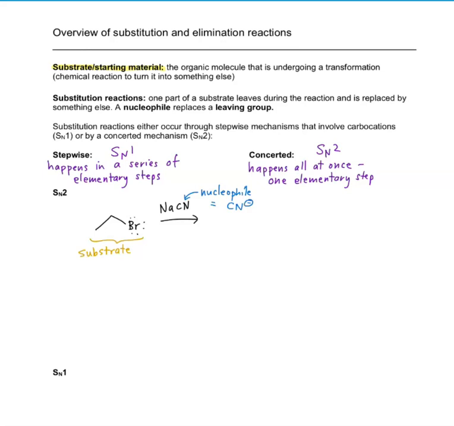So because the substrate is going to be reacting with a nucleophile, that makes it an electrophile. So the substrate in these substitution reactions is an electrophile. The bromine is the part of the electrophile, or the substrate, that's going to detach in the course of the reaction. So this is our leaving group, which I'll abbreviate as LG.